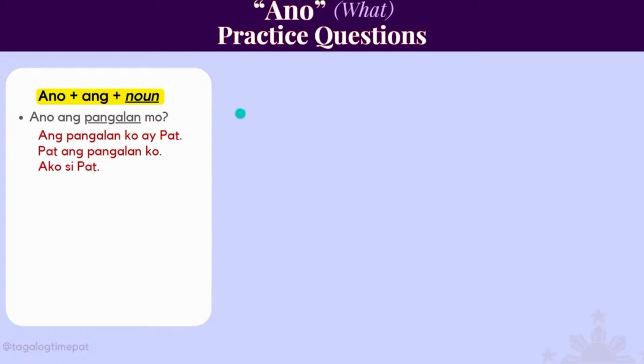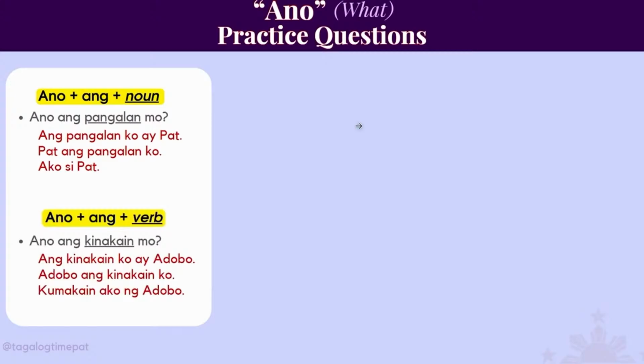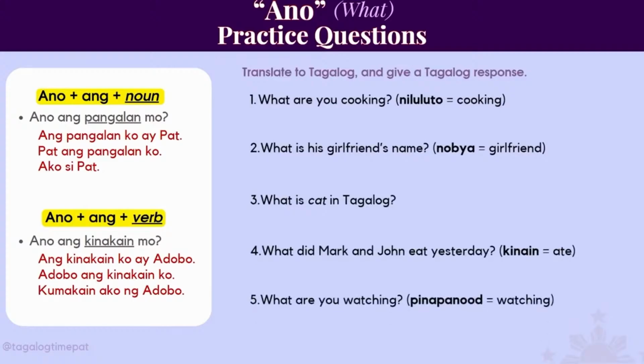And then the next example we learned was ano ang plus a verb. So ano ang kinakain mo? What are you eating? And then those are the responses. Kumakain ako ng adobo. Now what I want you to do is to translate these examples. They're in Tagalog, and I want you to translate them to English. So number 1, what are you cooking?